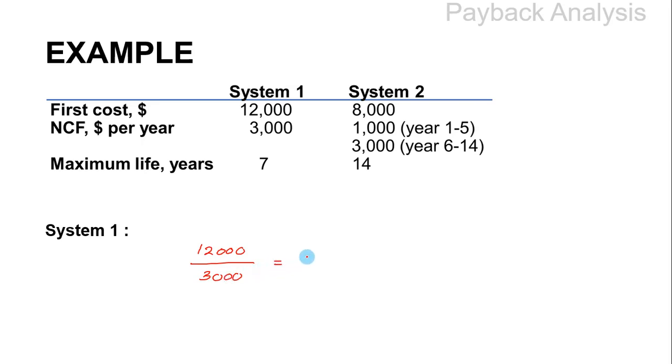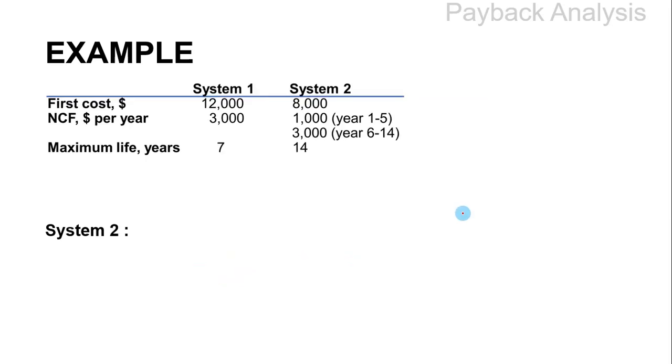This will give us a value of 4 years. What that means is that for system 1, it will require 4 years for our investment to give us return. In other words, we're going to get our return on investment after 4 years.